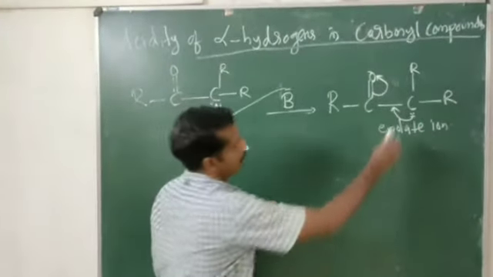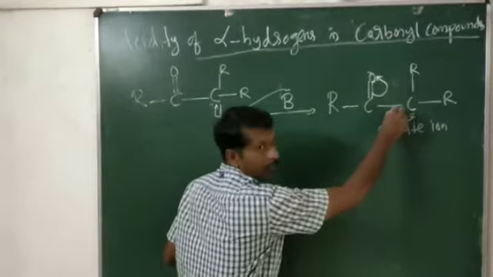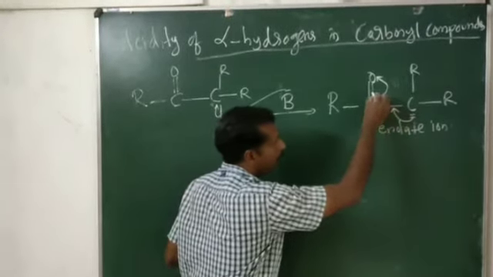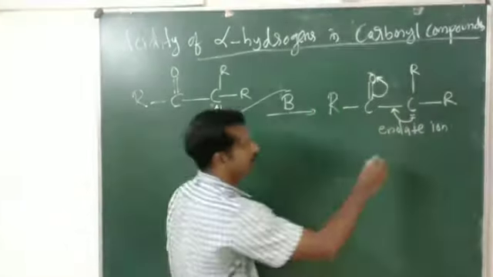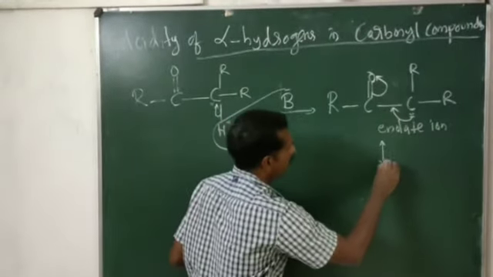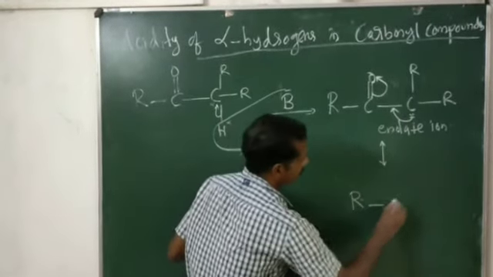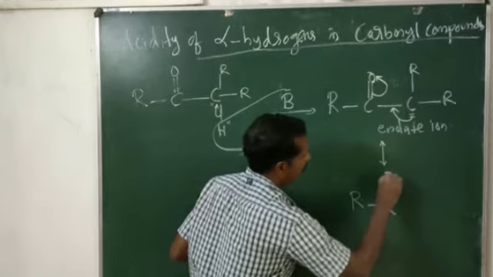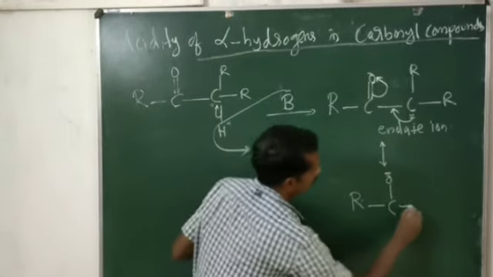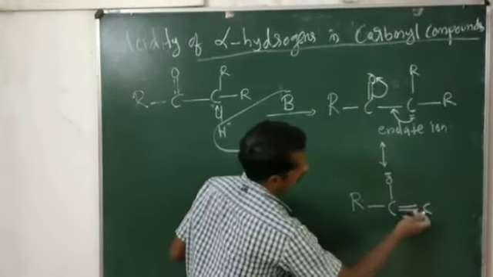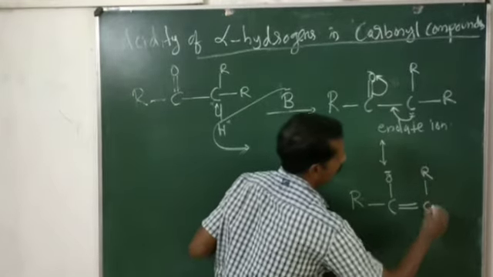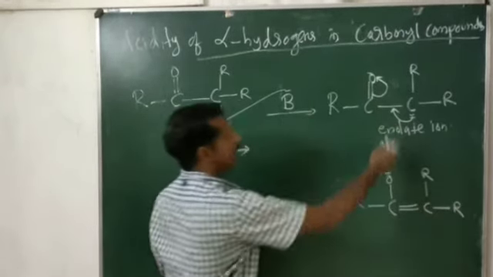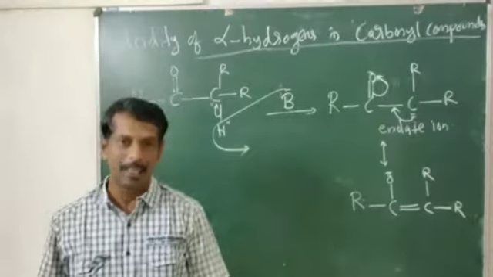This pair of electrons is shifting to here, then here it will become a double bond, and this will be migrated to oxygen. So you get the resonance structure like this: R, C, here O minus with a pair of electrons, and here C double bond C, and here R. This is the resonance structure of enolate ion.